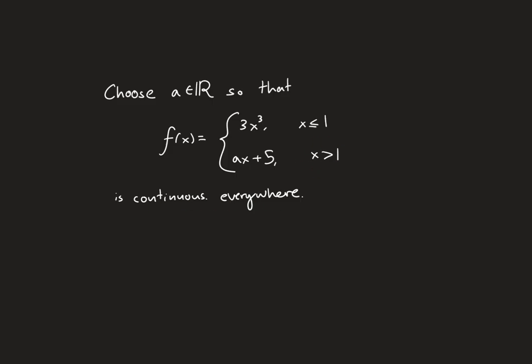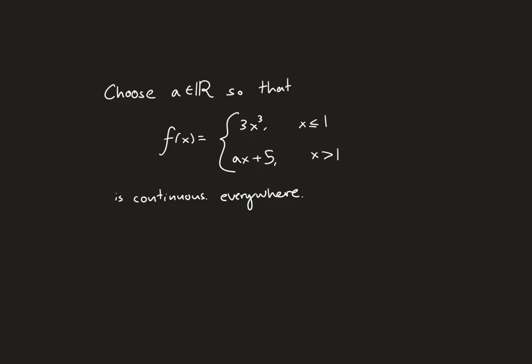If x is bigger than 1, then f is a line, okay? We know that lines are continuous because those are also polynomials, linear polynomials. So f is continuous everywhere past 1. What we need to worry about is f being continuous at 1 itself.